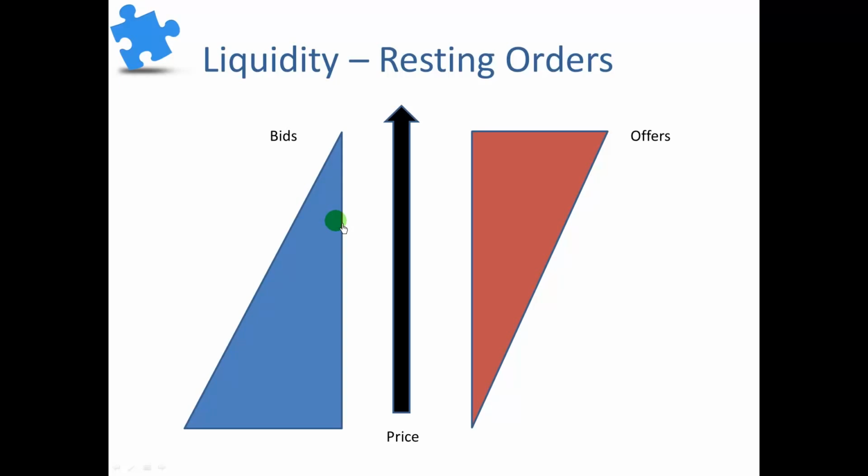Now, this brings us to another important point. At an area of resistance, the ceilings are going to be really, really thick. If you look at the dome and you look at the numbers on the dome, the offers are going to be 1.5 to 3 times the size of the bids at an area of resistance.